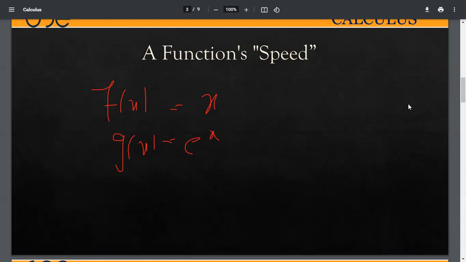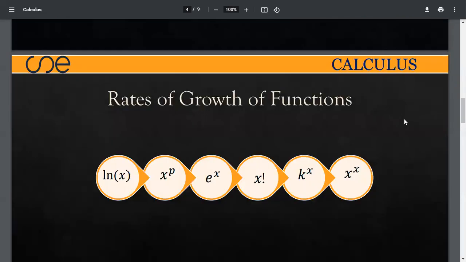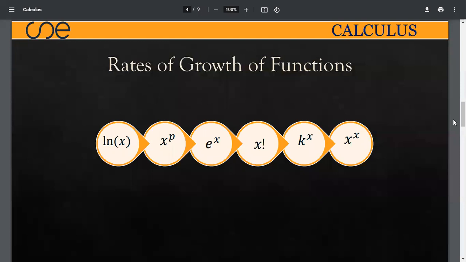So this is what's meant by a function speed, and this is how we compare functions. In general, we have an axis for this, the rate of growth of these functions to infinity. And this axis starts by the ln x. So I can say that ln x is the slower function I know.